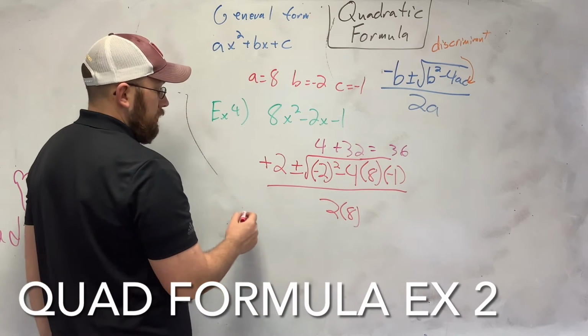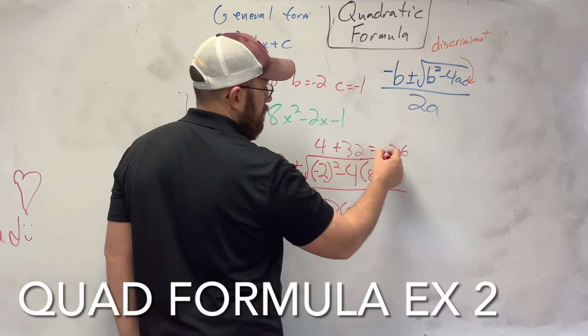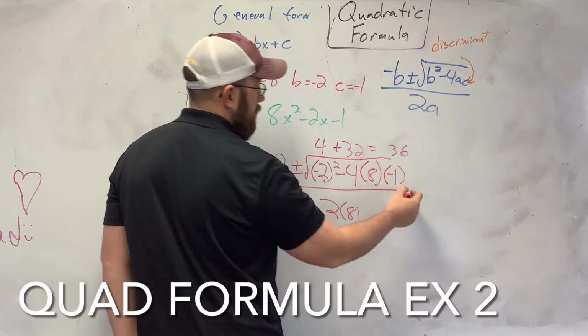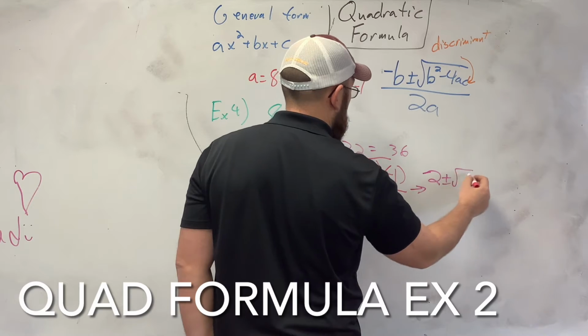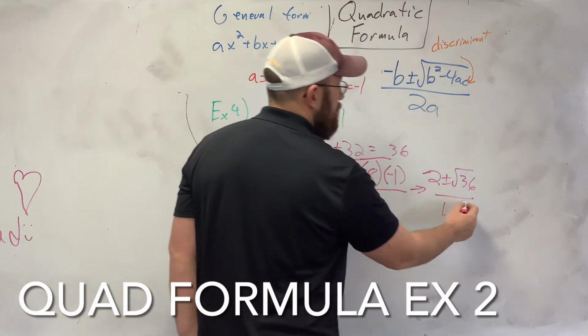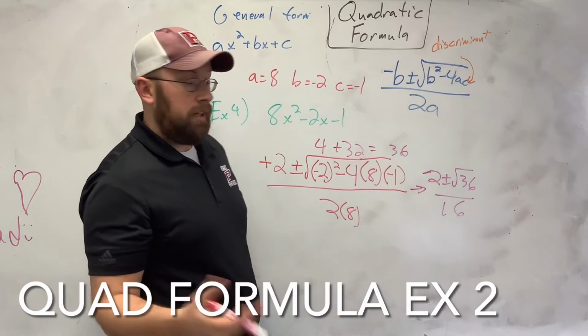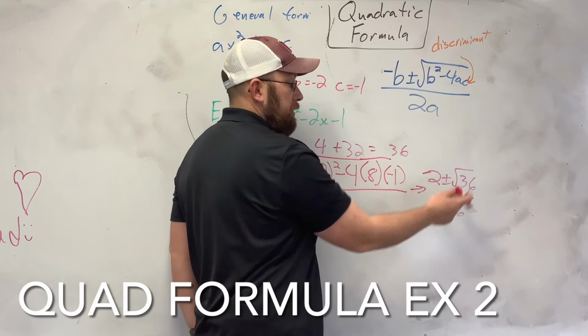So, how do I want to write this? I'll write it like this. So, it gives me 2 plus and minus the square root of 36 over 16. Right? Now 36 is a perfect square root.